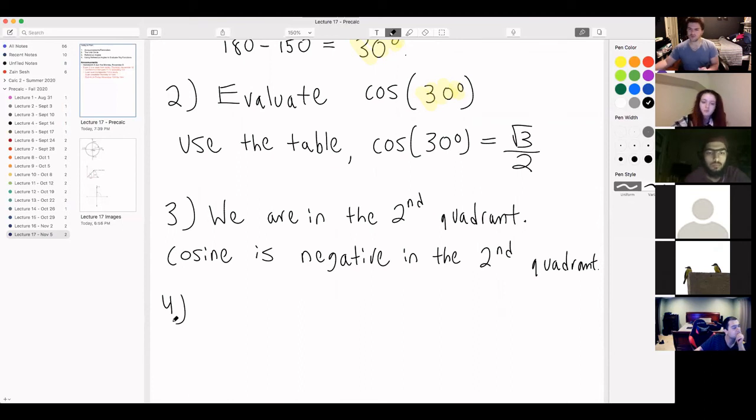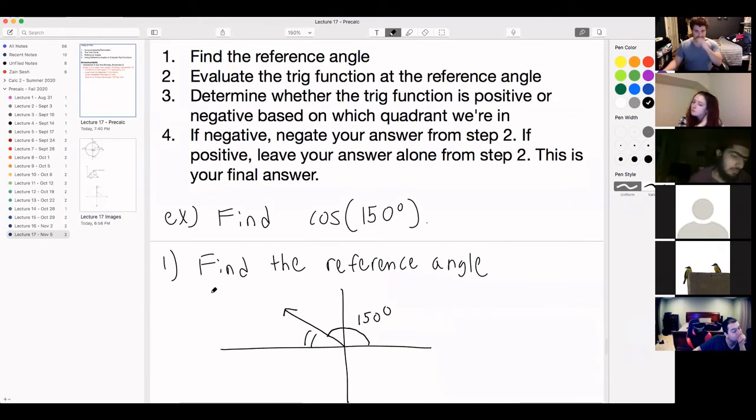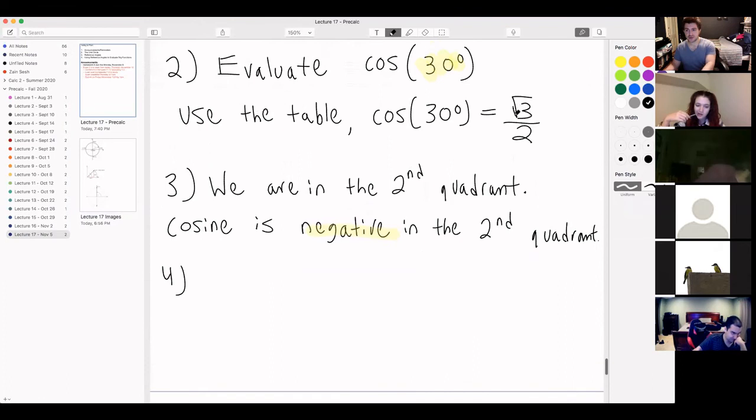All right, so does everyone agree with me? We're in quadrant 2. Use that picture from earlier that listed the positive trig functions in each quadrant. Sine is positive in quadrant 2, so cosine will be negative. All right, and now we're pretty much done. Step 4, if negative, you negate your answer from step 2. Well, our answer in step 2 is radical 3 over 2.